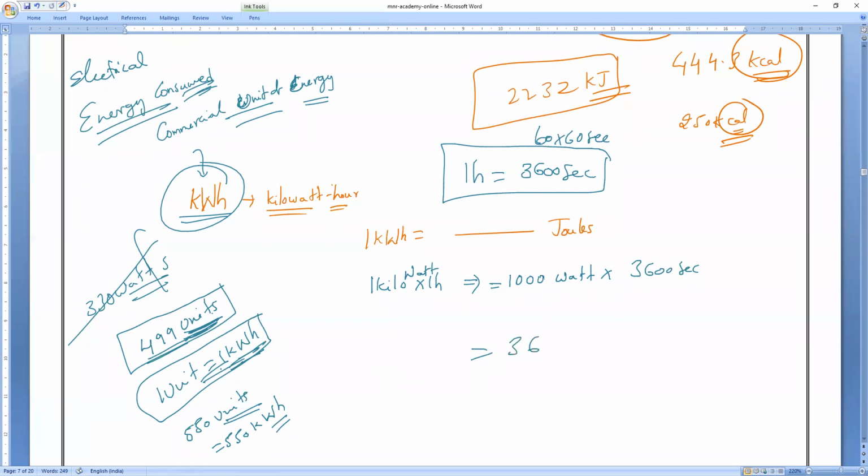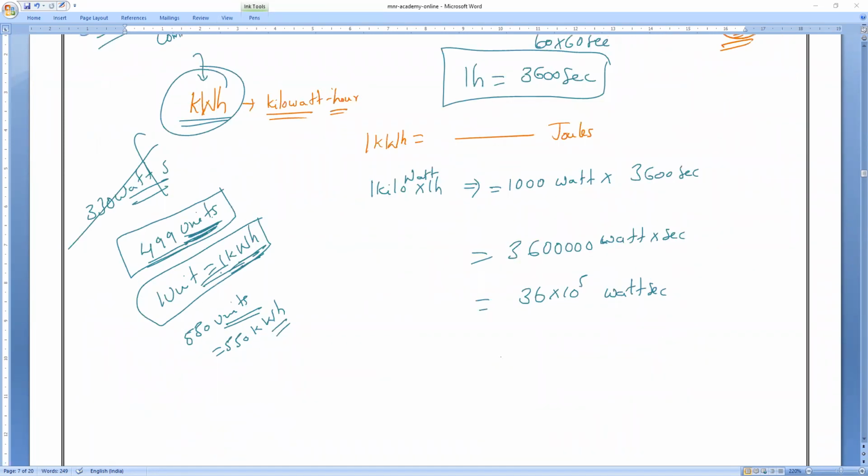36 into 1 is 36, and 3 zeros plus 2 zeros makes 5 zeros. So it is watt second. Am I right or wrong? Now can I write this as 36 into 10 power 5 watt second? Any problem for anybody? Now 36, can I write it as 3.6 into 10?